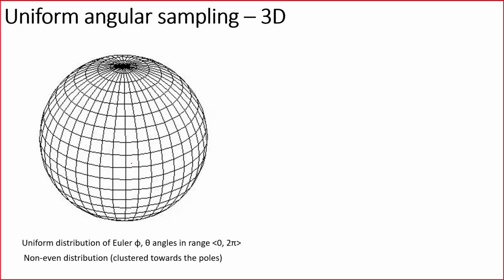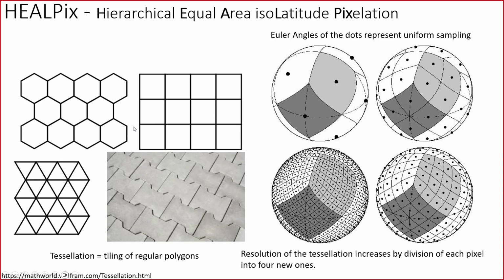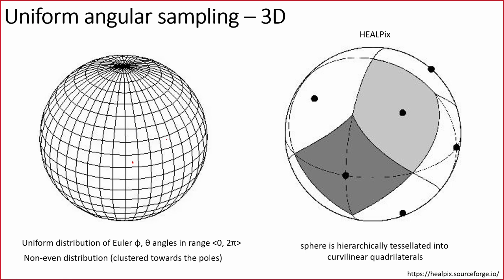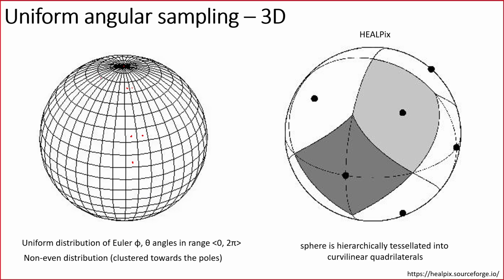We see that the points here and here are at a certain distance, whereas here they are getting closer, and towards the poles, the views are getting overrepresented. So right at the very pole, in exactly the same point, you have multiple angular samples. So this is not an even distribution. This is clustered towards the poles.